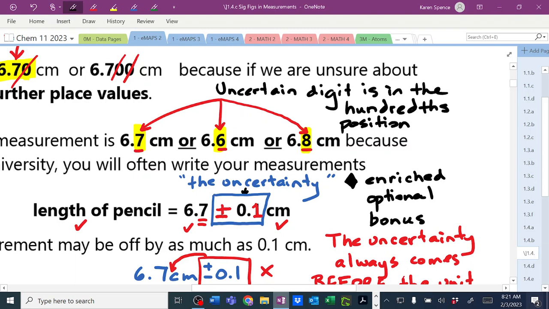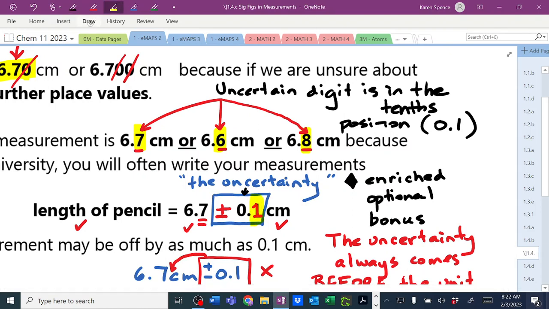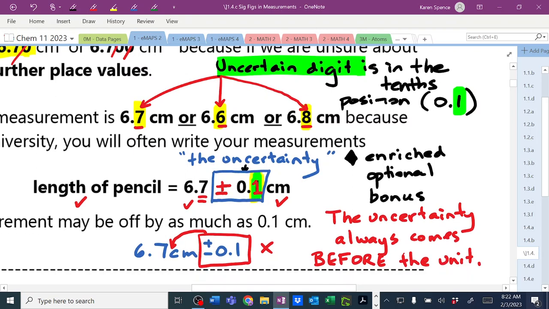Oh, it's not in the hundredths position. What am I talking about? It is in the tenths position, which is the 0.1 position. So if our uncertain digit is in the tenths position, then our uncertainty must also be in the tenths position. So you can see our uncertain digit is 0.1 and our uncertainty is 0.1.